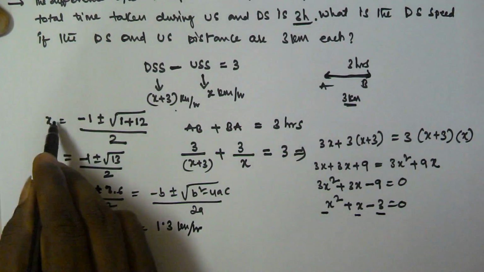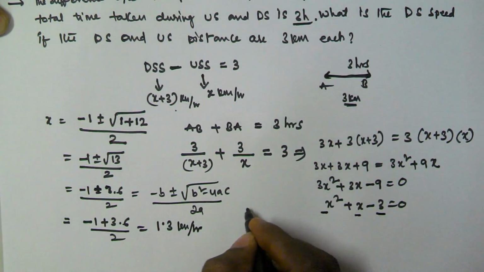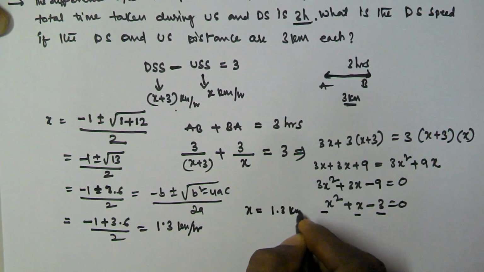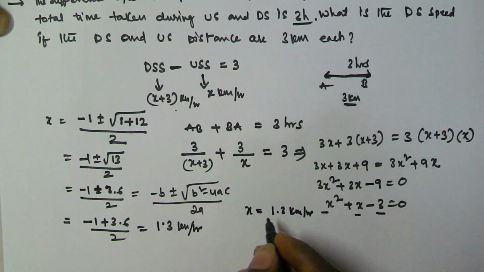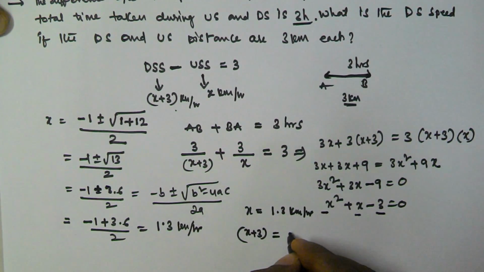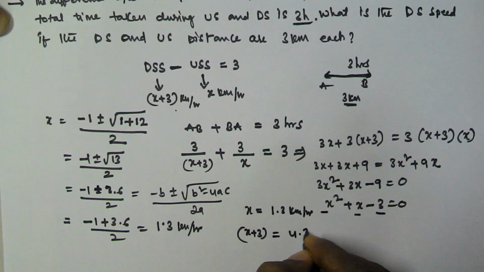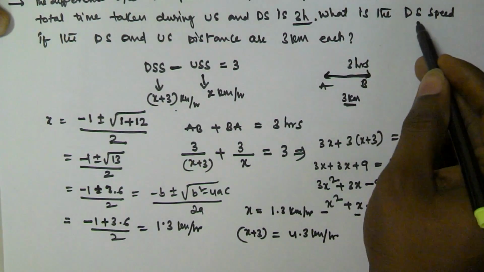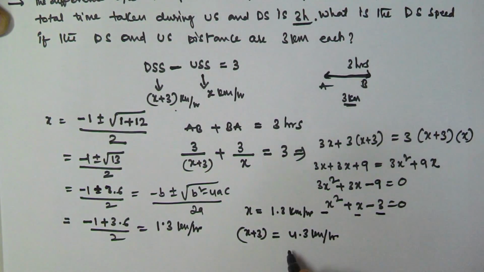So what is x? x is the upstream speed, that is 1.3 kilometers per hour. Then the downstream speed is x plus 3, that is going to be 4.3 kilometers per hour. Okay, so we had to find the downstream speed. So the downstream speed is 4.3 kilometers per hour.